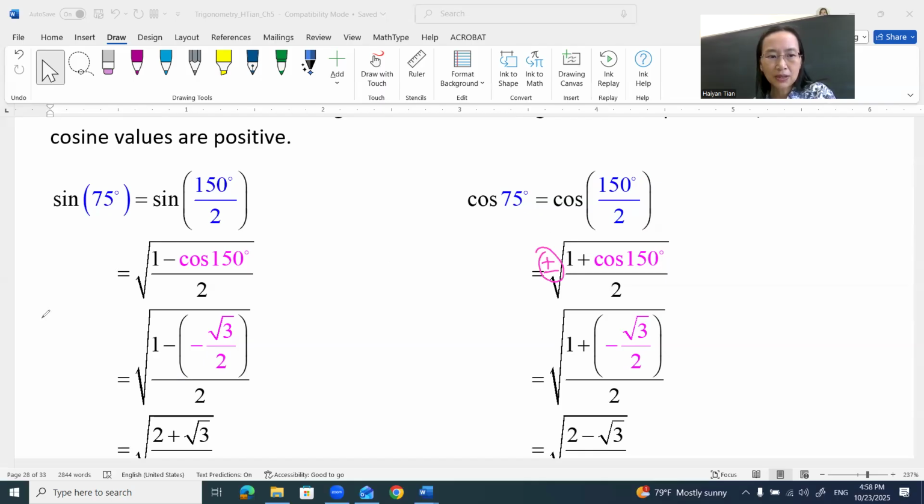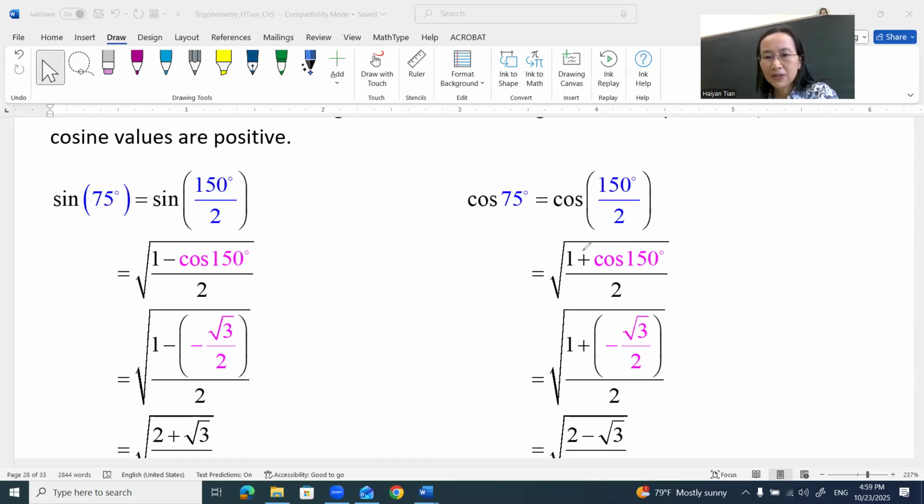It's in the first quadrant, so cosine is positive. Only take a positive square root. And then it's half of 1 plus cosine of this angle, and the cosine of that angle is this value we already used earlier, right? Cosine of 150.